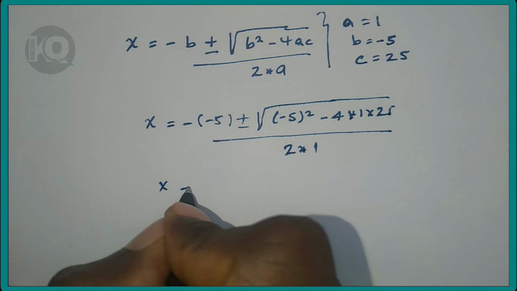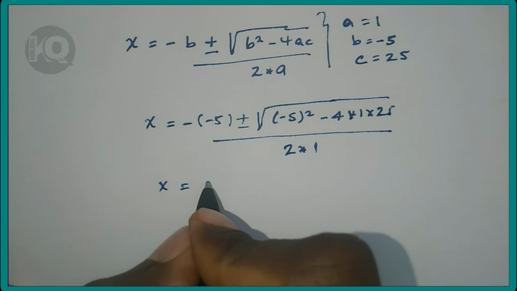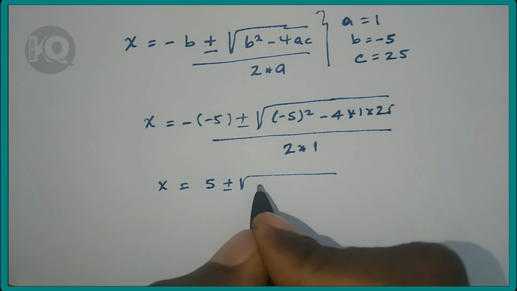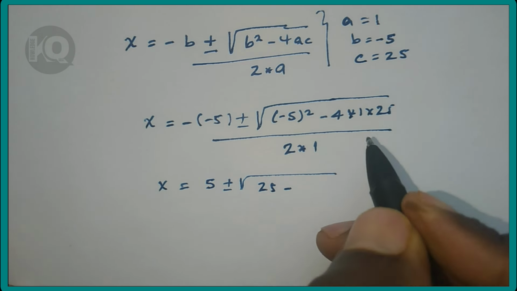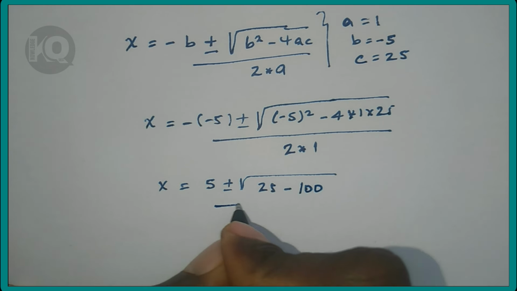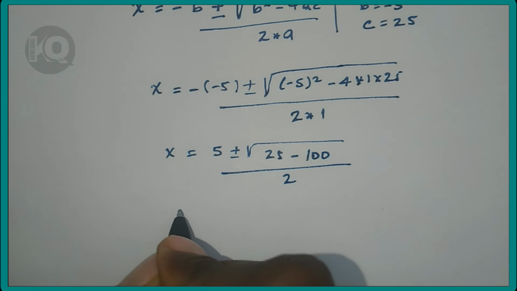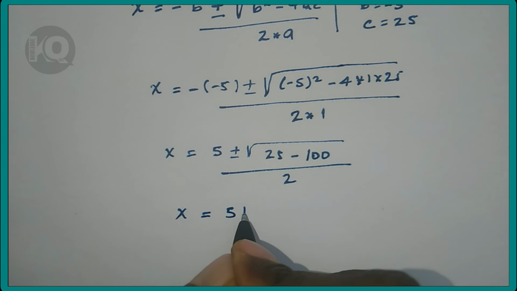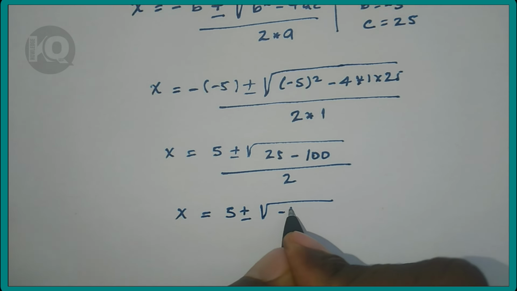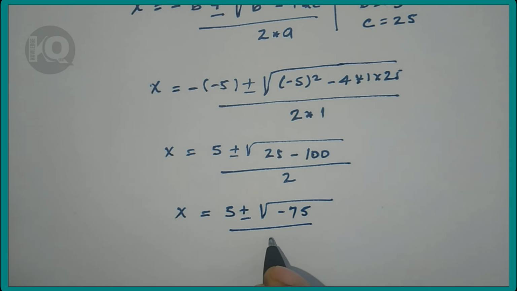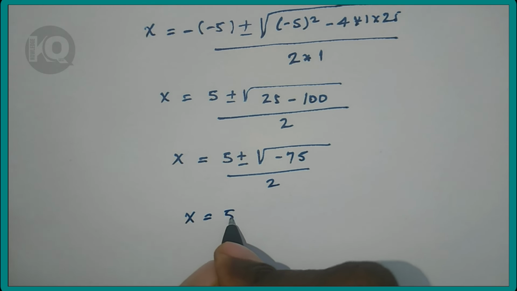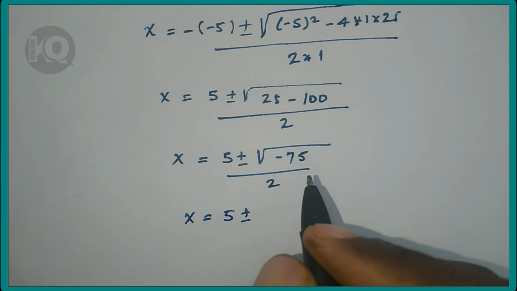So x equals minus times minus, plus 5, plus or minus the square root of minus 5 squared, which is 25, minus 4 times 25, which is 100, over 2. So x equals 5 plus or minus the radical of 25 minus 100, which is minus 75, over 2.